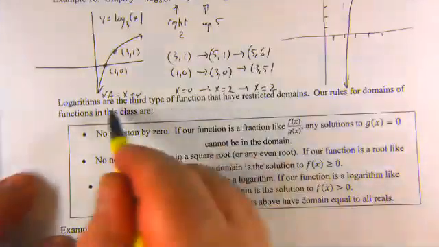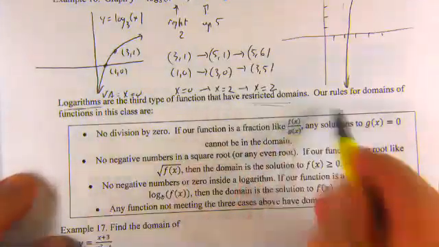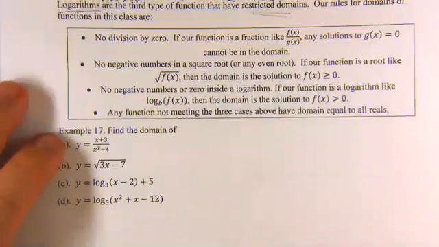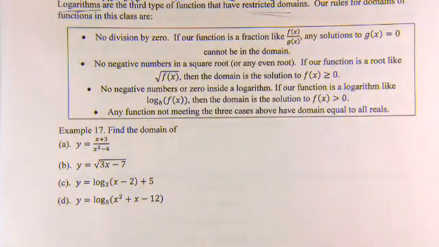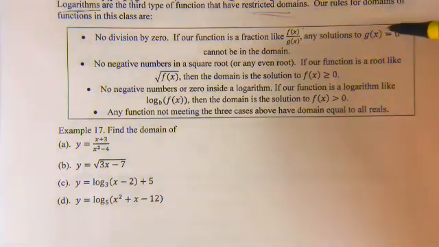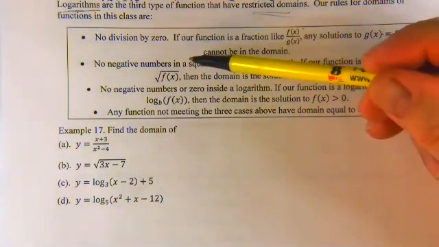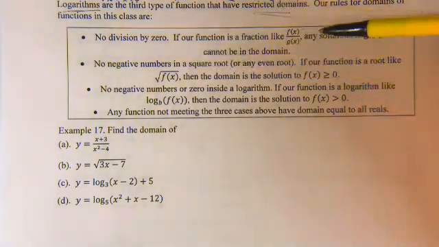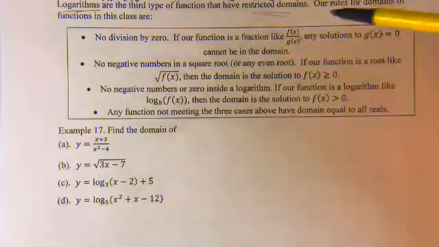We have to be a little bit careful about domains, though. Logarithms have restricted domains. So here's the thing we did with domains a long time ago. In this class, you can't divide by 0. So if you have x divided by g of x, any solutions of g of x equals 0 can't be in the domain. You can't have negative numbers in a square root or any even root, like a fourth root.